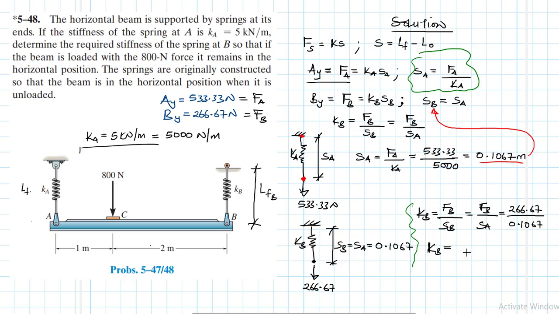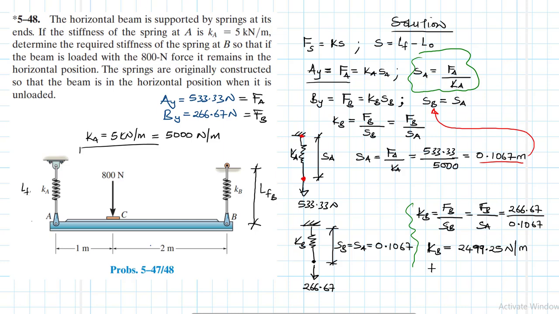What we get is about 2,500 newtons per meter.